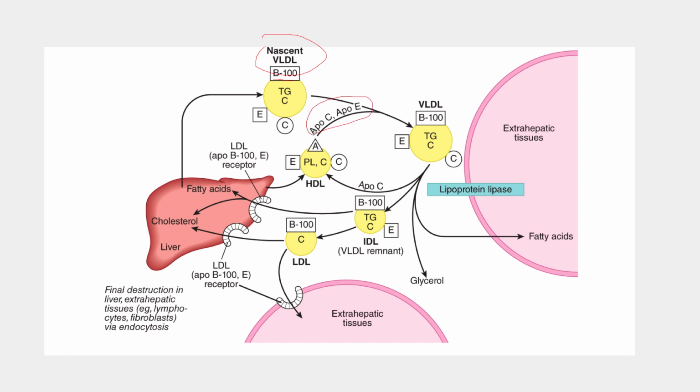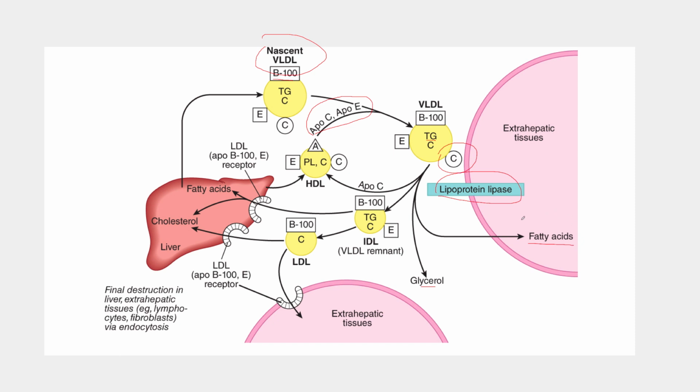Just like chylomicrons, this interaction with HDL is essential. VLDL also interacts with lipoprotein lipase through the ApoC2 protein, and this interaction again stimulates the hydrolysis of our triacylglycerols into free fatty acids and glycerol.